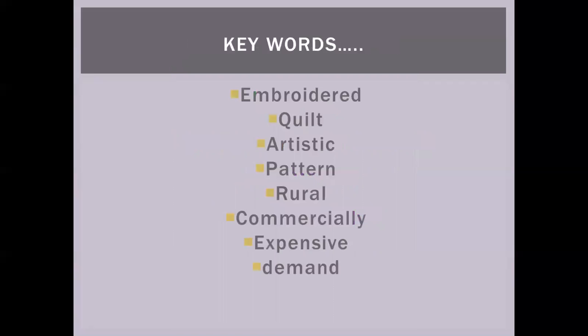Before starting our passage, let's check some keywords from this lesson. The first one is embroider, then quilt. Next one, artistic, then pattern. Next one is rural, then commercially. Next one, expensive, and the last one is demand.